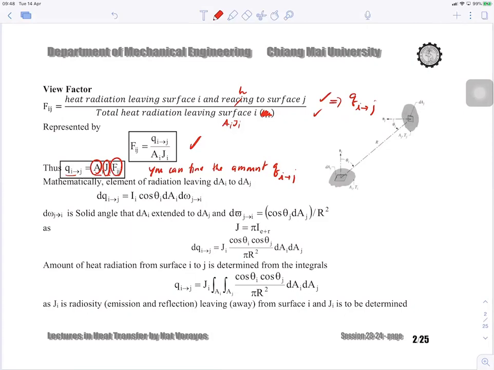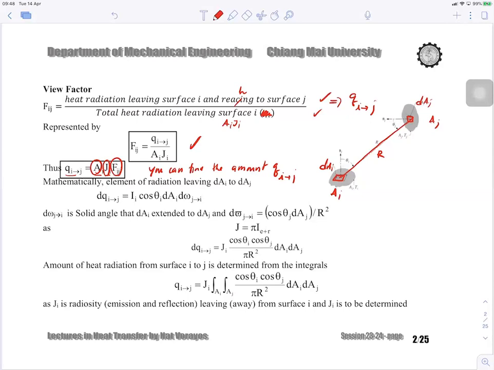If you have the area Ai and the area Aj, and we're talking about the small part of Ai, which is dAi, and the small part of Aj, which is dAj. There's a line connecting the two, specified by the distance r.